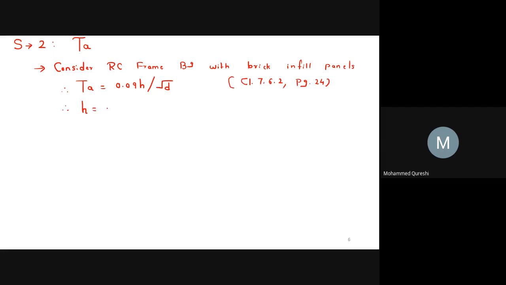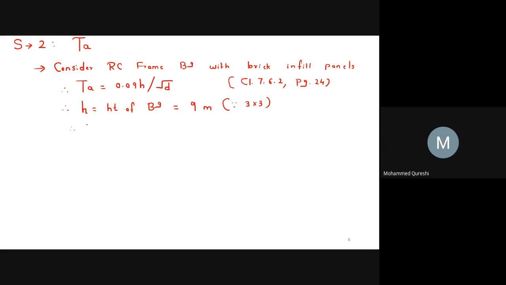Therefore, H equals height of the building equals 9 meter, 3 into 3.